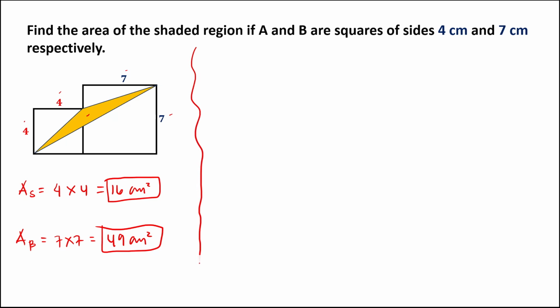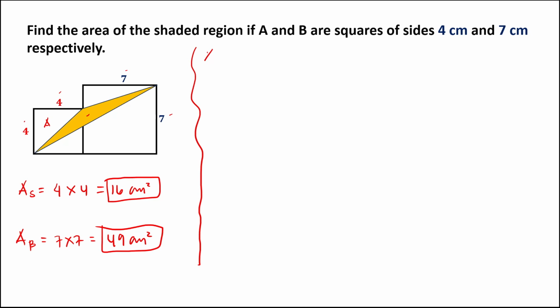Then next, from this diagram, observe that we have these three right triangles. For this one, triangle A, we need to find the area. Since this one is a right triangle, the formula is 1/2 times base times height.